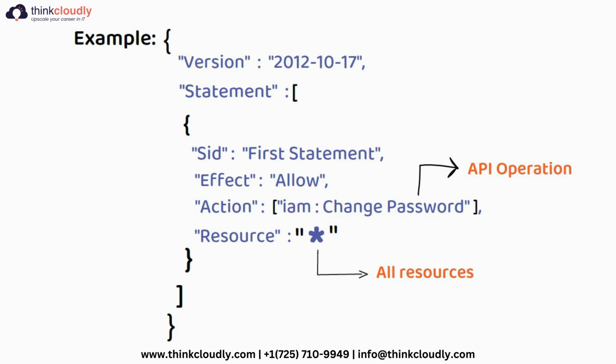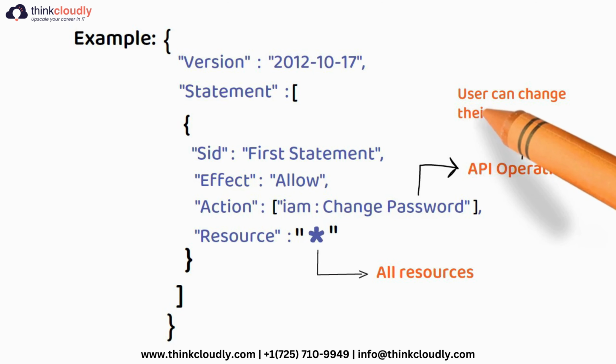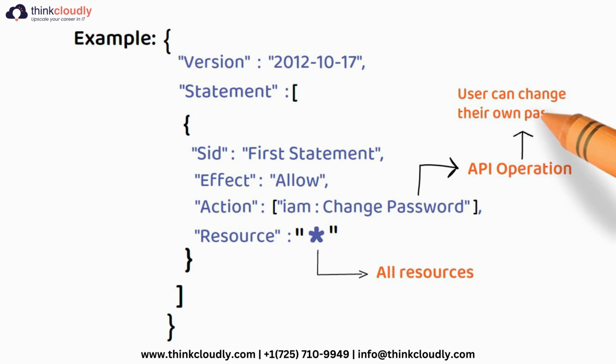That means the user can change their own password. This is what the policy is saying. Okay, so this is a basic question or statement; to describe any statement, it could be asked. So this is how a policy in JSON in AWS looks.